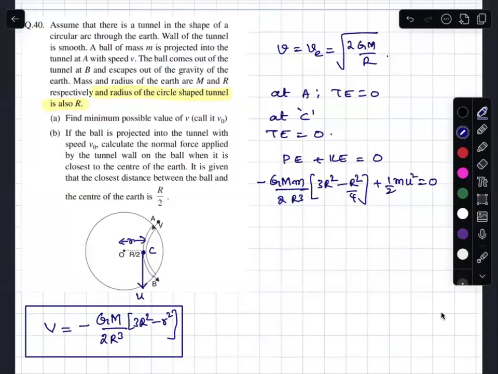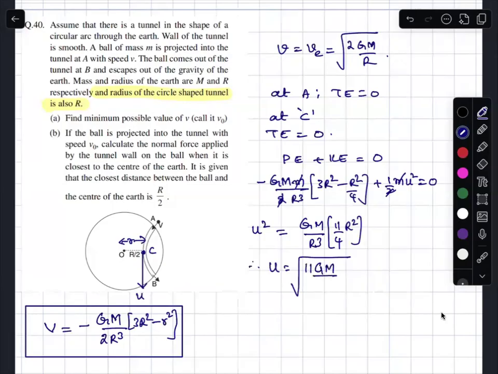Any doubt? Boys and girls. So finally, you can write this as u² is GM by R³ times 11 by 4 times R². So therefore, u is nothing but 11GM by 4R.